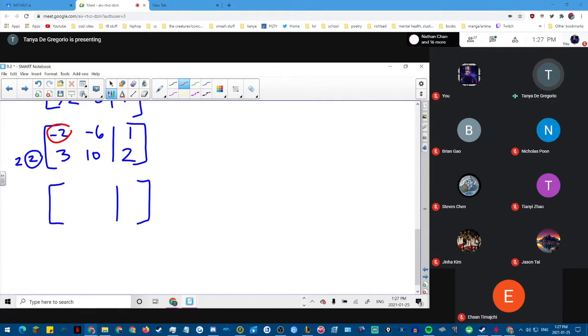We're going to go column by column. So I want to make that -2 a 1. And you're absolutely right, Brian. We're going to do that by adding the first equation to the second. And so I have -2 plus 3. And then I have -6 plus 10. And then I have 1 plus 2 is 3.